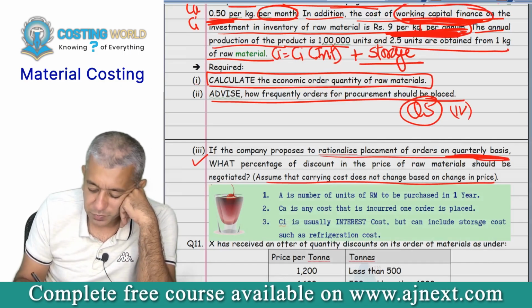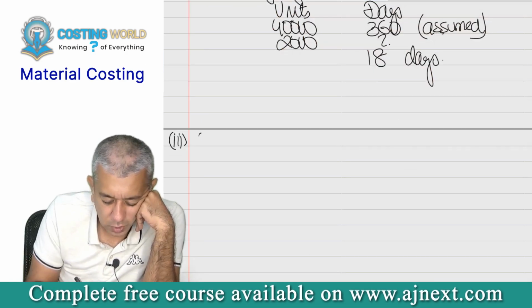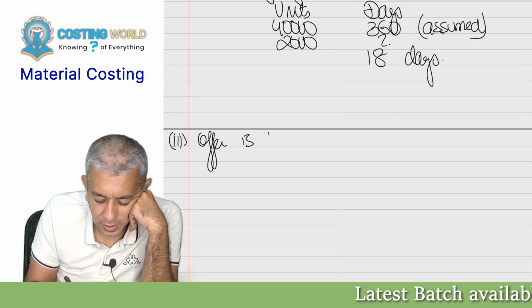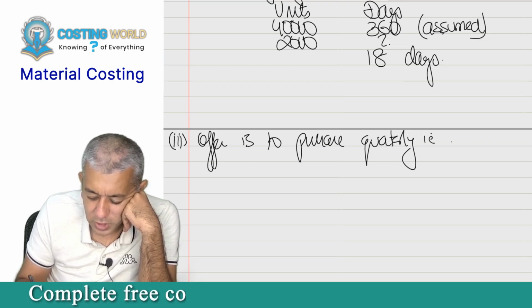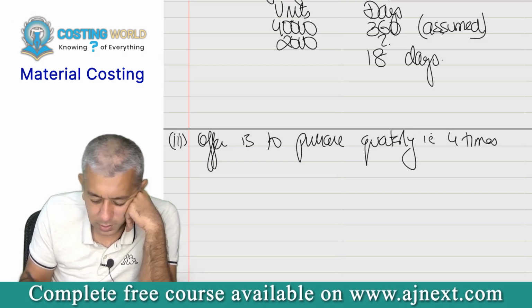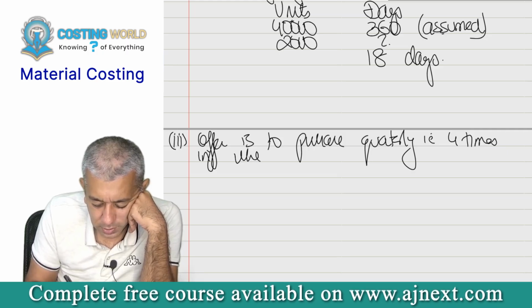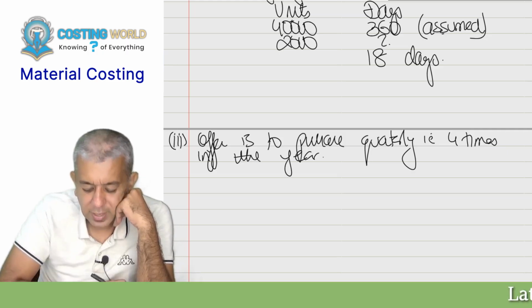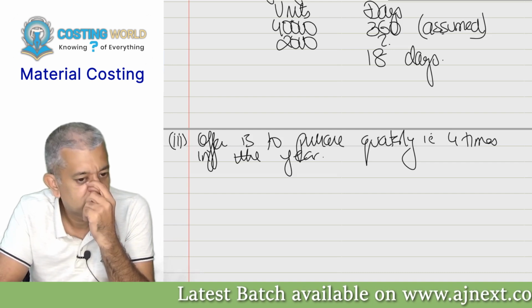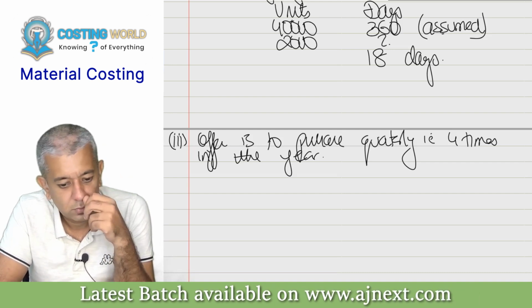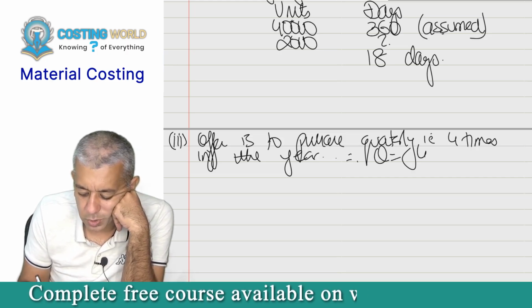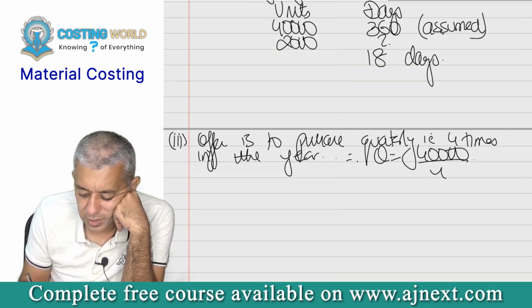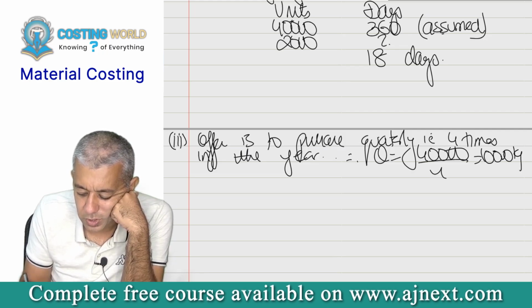Okay, right now. Offer is to purchase quarterly. That is 4 times in the year. Therefore, Q is equal to 40,000 divided by 4, which is equal to 10,000 kgs.